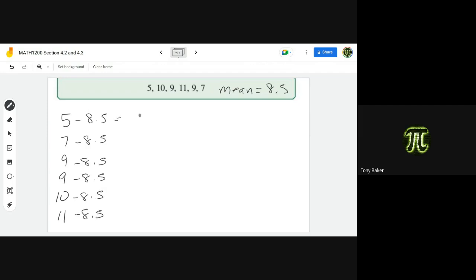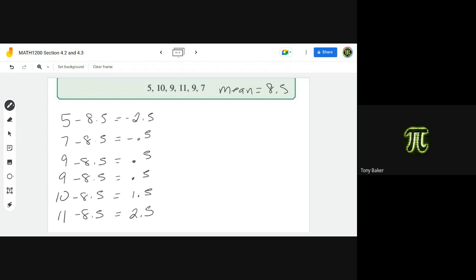So this one is at negative 2.5, negative 0.5. This one's at 0.5, 0.5, 1.5, and 2.5. Okay. So right now, I know how far each point is.